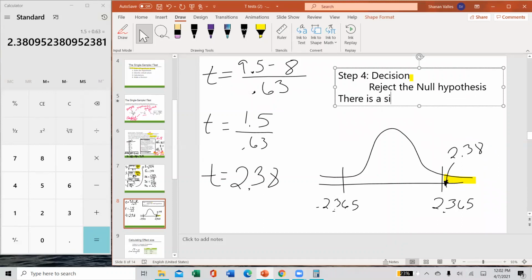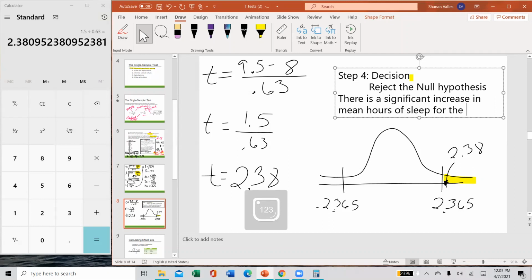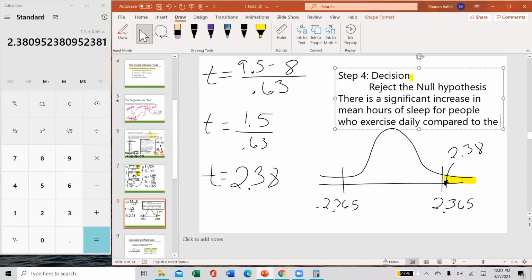There is a significant increase in sleep for the, I don't know, something like that, compared to the average, I guess.